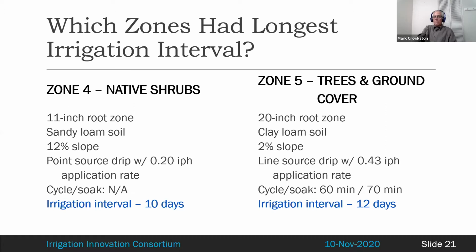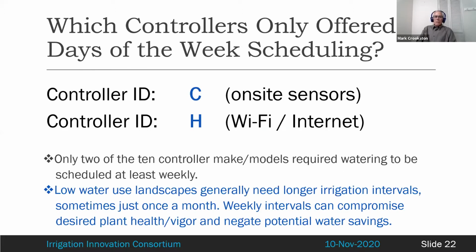But those are long intervals. Low water use plantings, such as native shrubs, thrive best when watering is deep and infrequent, potentially only as infrequent as once a month. This capability will become increasingly important as more landscapes incorporate low water use plants. Without it, the full conservation potential of such landscapes may not be realized.